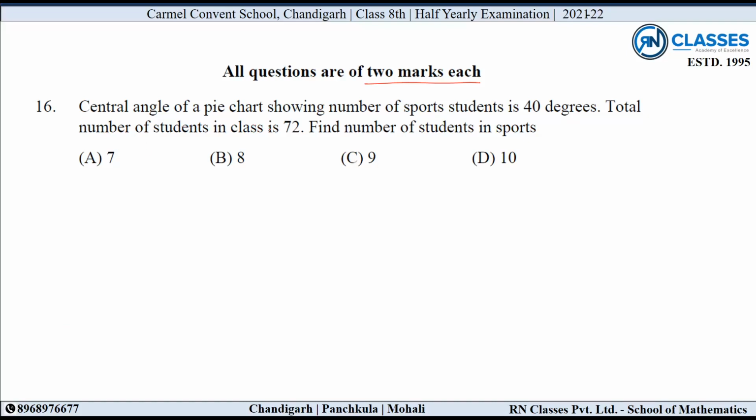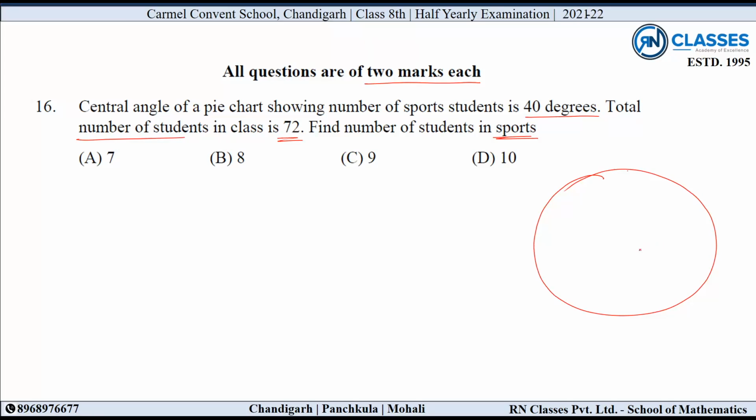Central angle of a pie chart showing number of sports student is 40 degree. Total number of students in class is 72. Find the number of students in sports. Okay, अब pie chart की बात कर रहा है. We got the pie chart. Central angle of the pie chart.